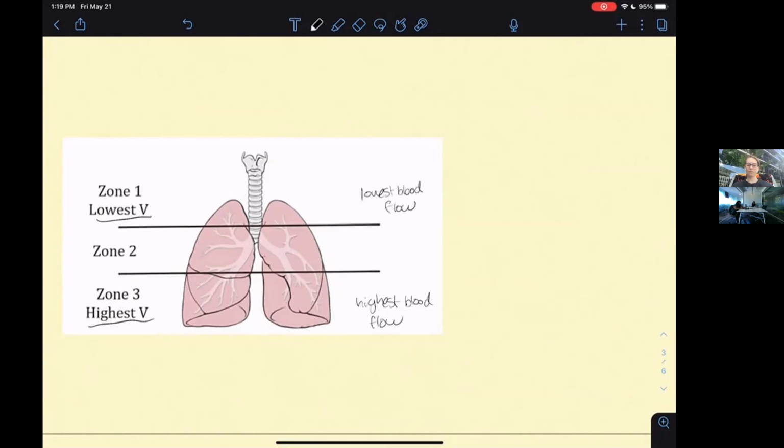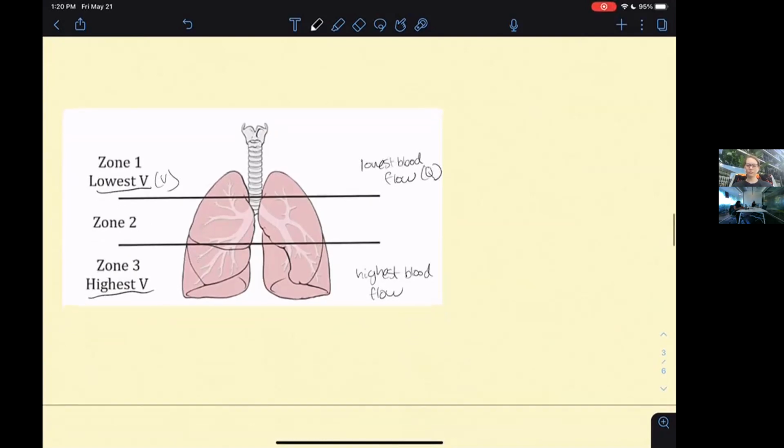If our ventilation is V and our blood flow is Q, we have a VQ ratio, our ventilation perfusion ratio. We have increased ventilation down in zone 3, but we also have the highest amount of blood flow. So your VQ ratio is going to be the lowest at the bottom of your lungs, about 0.6 in a typical person.